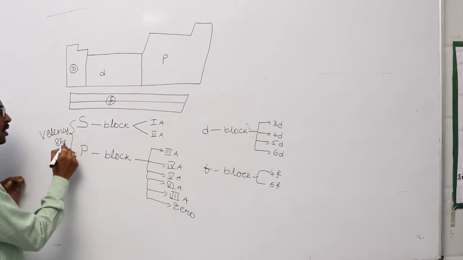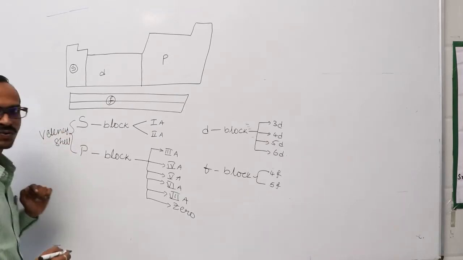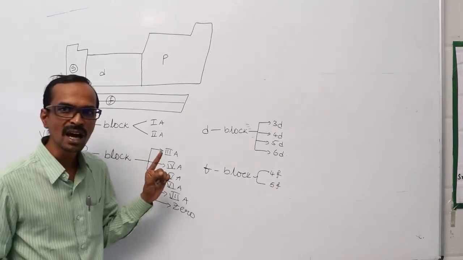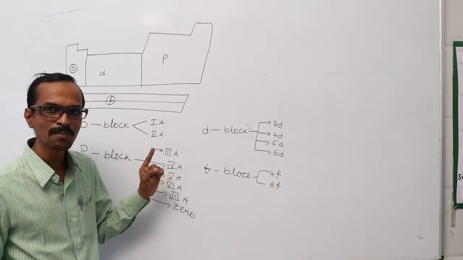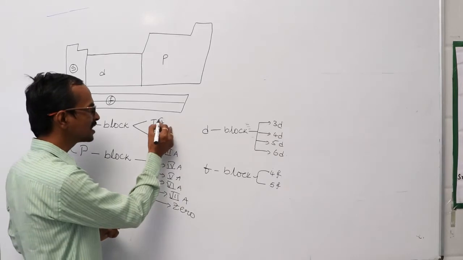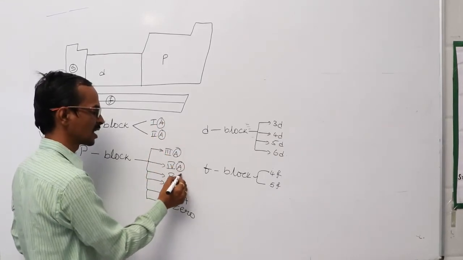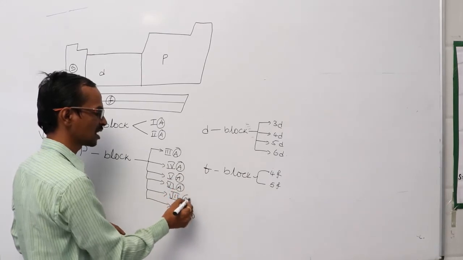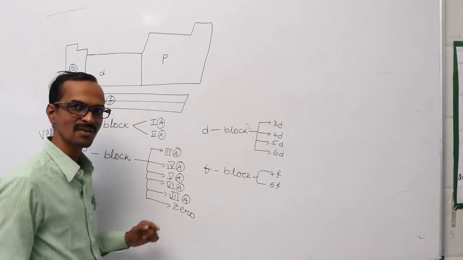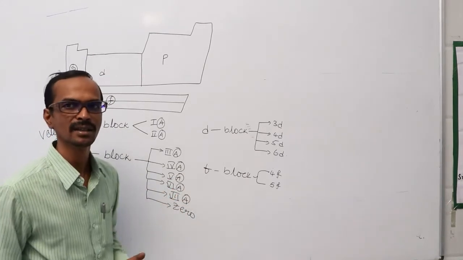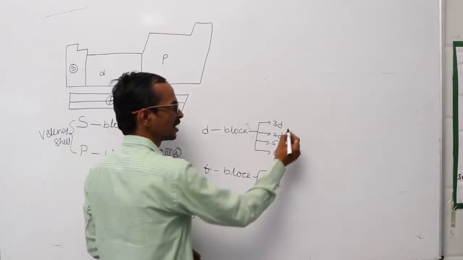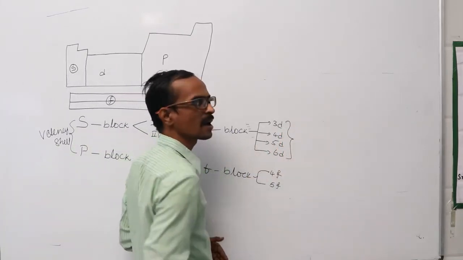That means the outermost shell. That is why the groups that are present in the s block and the p block are designated as A subgroups: 1A, 2A, 3A, 4A, 5A, 6A, 7A or 8A. Like if here in d orbital, what happens?